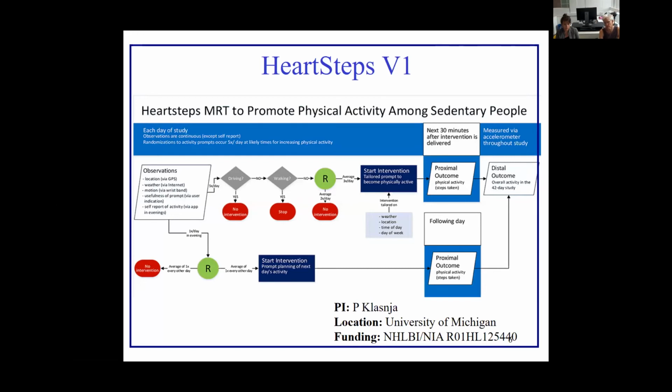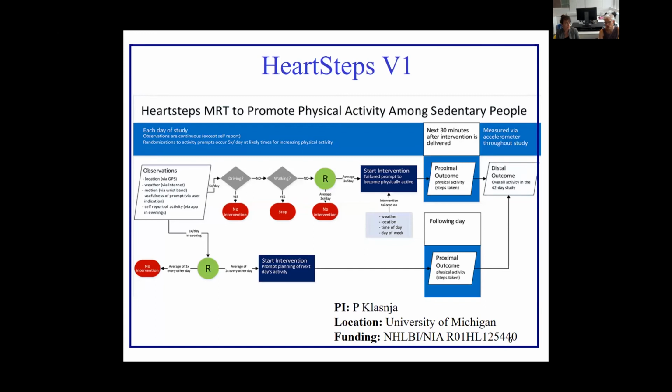We know that if we interrupt them too much, they'll disengage. So we get together and we decide, for example, in HeartSteps, we thought, on average, around 2 times a day. And in the stop-smoking study, it was around, on average, 3 times a day. With every study we've been a part of, we've had that kind of discussion, and that guides the randomization probabilities.